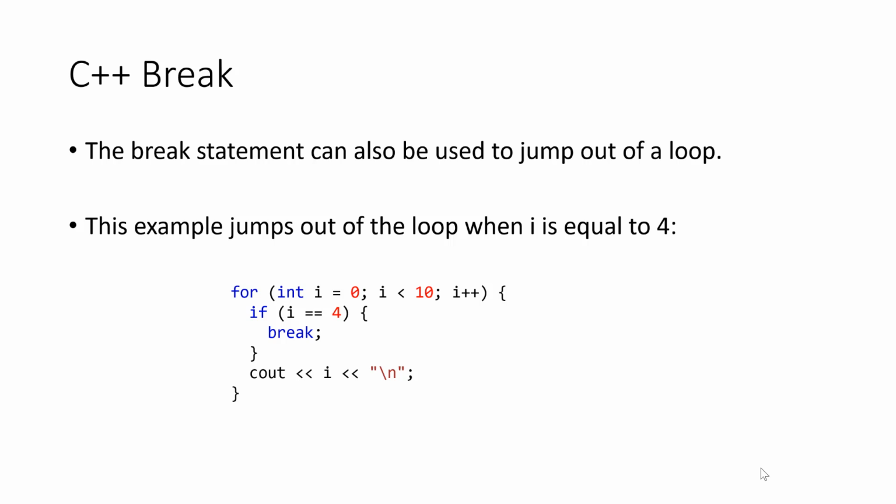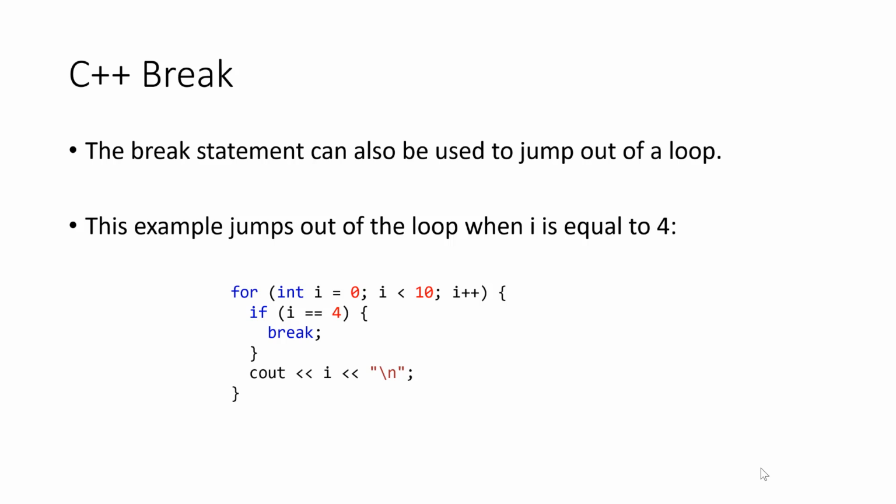When the value of I becomes equal to 4, this condition is true. We move into the body of the if statement and then the C++ compiler executes the break statement.